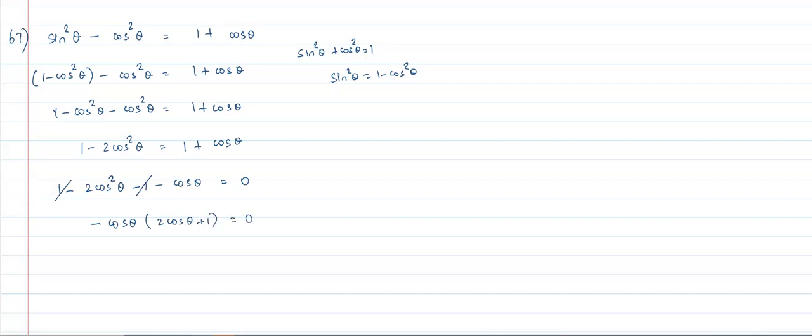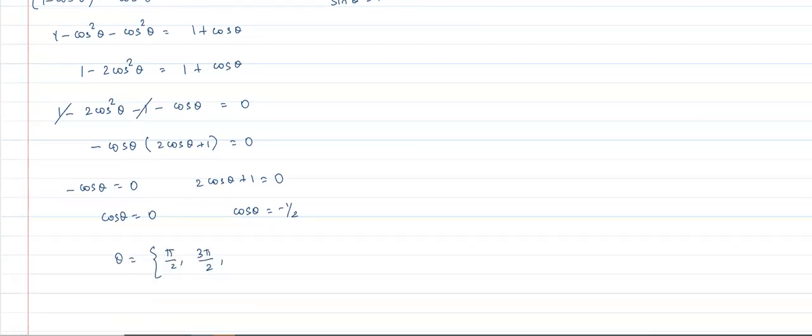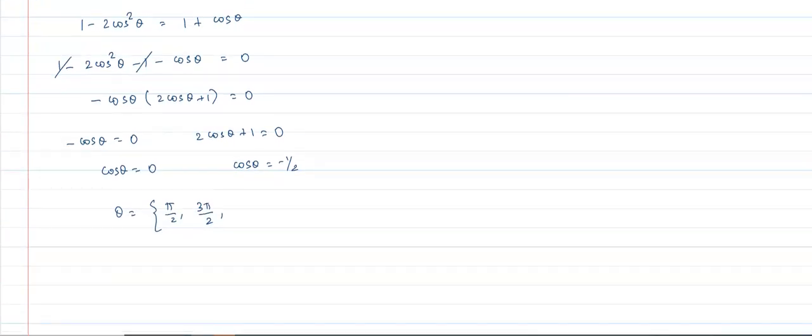Equate the factors to 0. The solution. Cosine theta is 0 for pi over 2, 3 pi over 2. It is negative half in the second and third quadrants. For 2 pi over 3, 4 pi over 3.